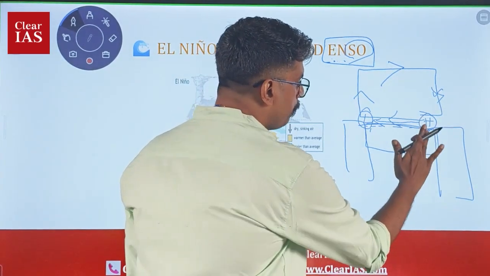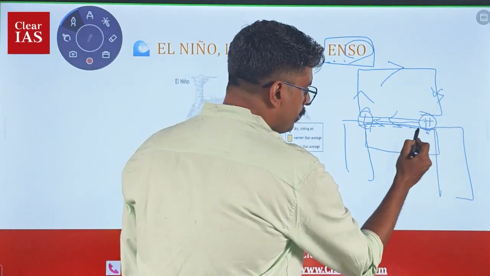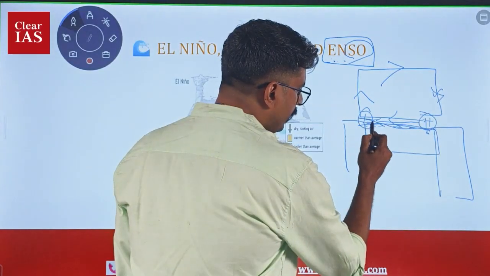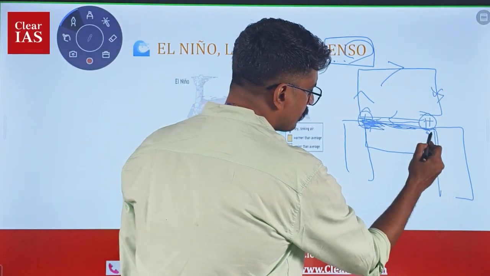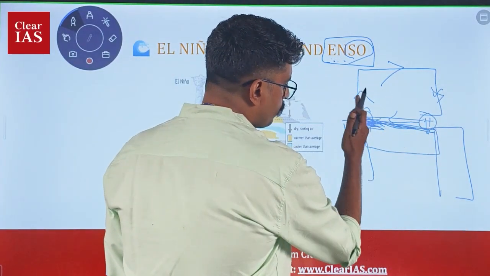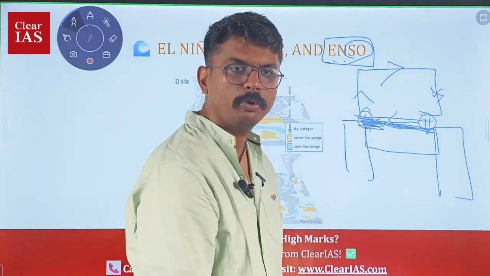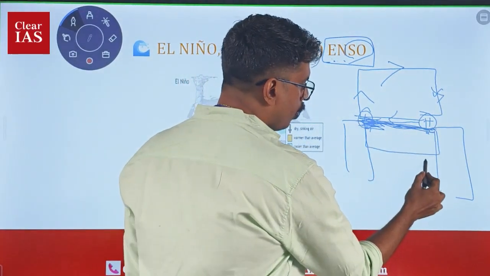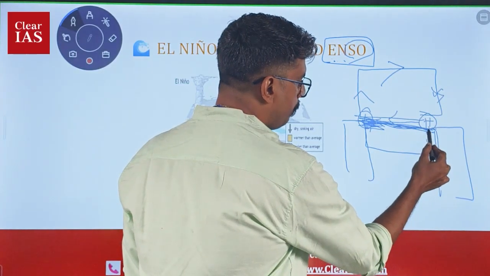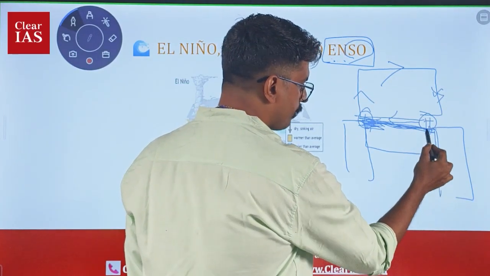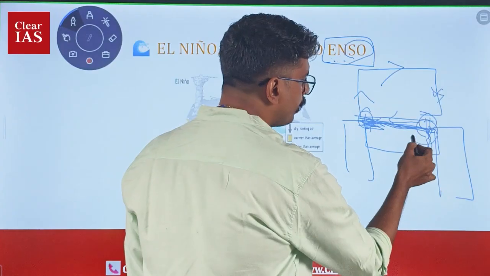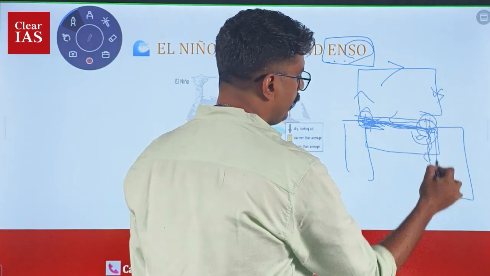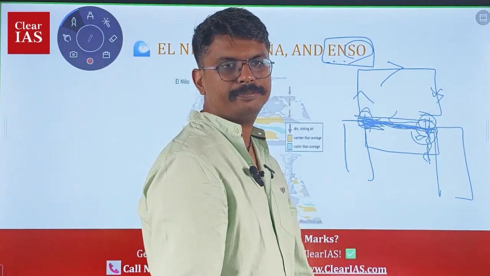So it will push the water from this area and the water will get accumulated like this. Now when the wind pushes the water from here, cold water will rise to replace this water, bringing nutrients, and it will create a good fishing season on the Peru coast.